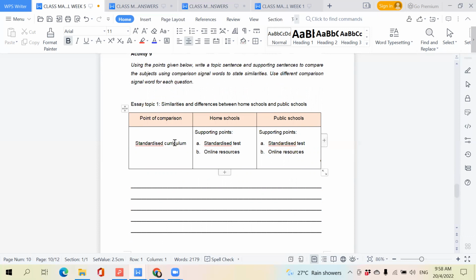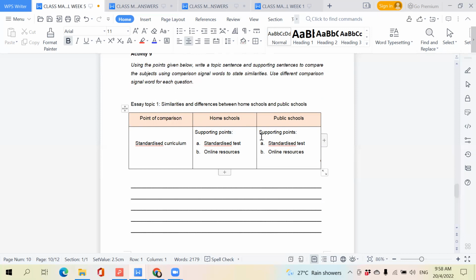What is the point of comparison? This is what they want to compare. Standardized curriculum. Usually when we compare things, they will be the same thing. That's why you see two similar points here. And your part A of task 1 should look like this as well. So identify the supporting points for homeschools and public schools, and they are usually the same.